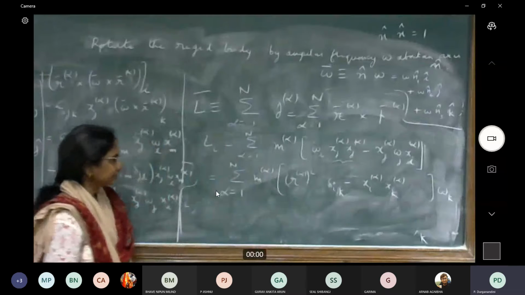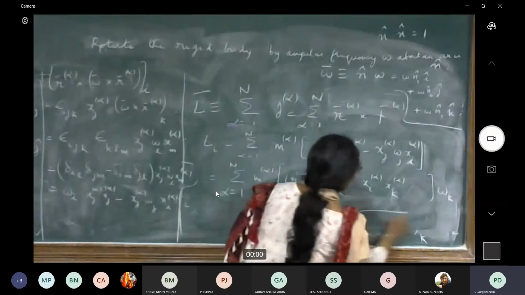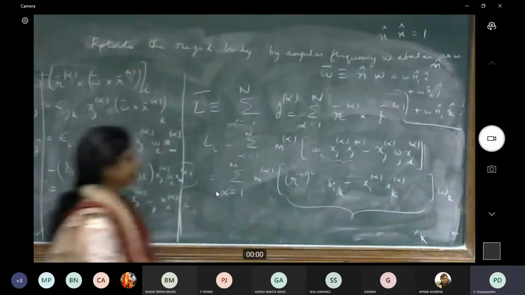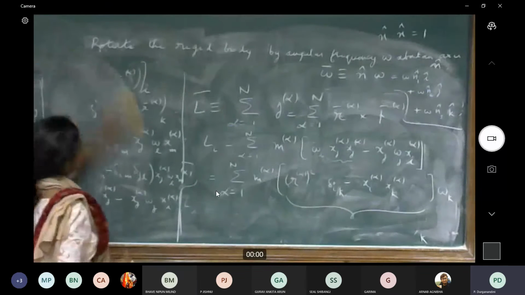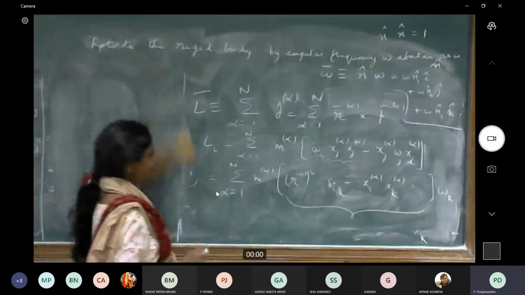Fine. Now, how does this quantity transform? R alpha square. So forget the alpha for the minute. I have R square delta ik minus xi xk. Tensor of rank 2. So you can see that this is exactly what I introduced a little bit earlier.